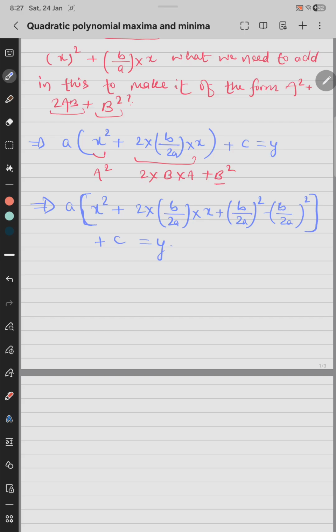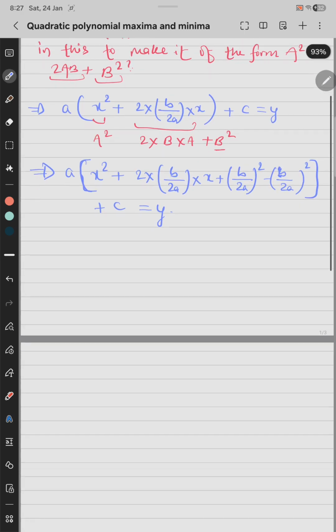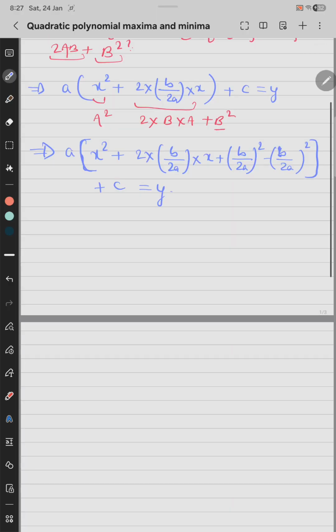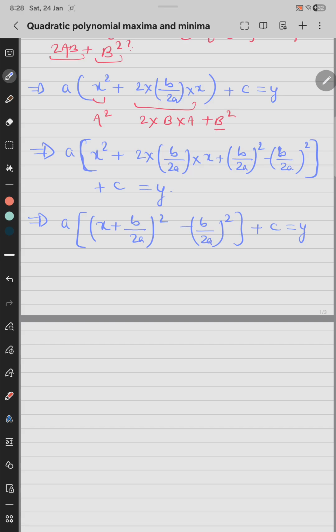Okay students, so far we have not done anything, we have just modified our equation to have a square plus 2ab plus b square. Now we can rewrite this as x plus b by 2a whole square, and then we are left with minus b by 2a square, and we have a plus c is equal to y.